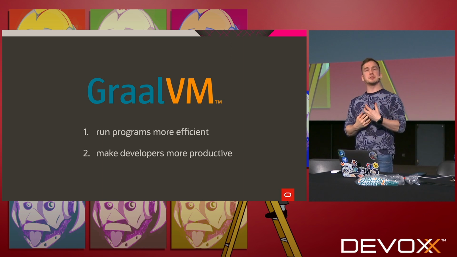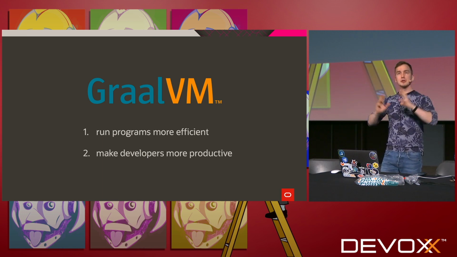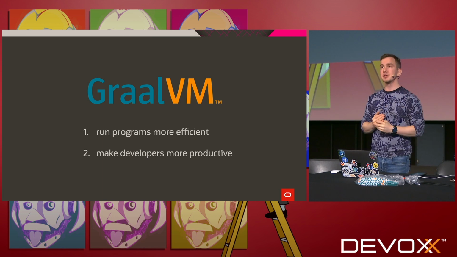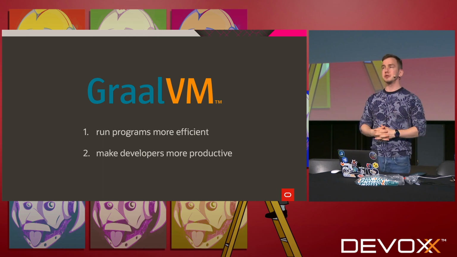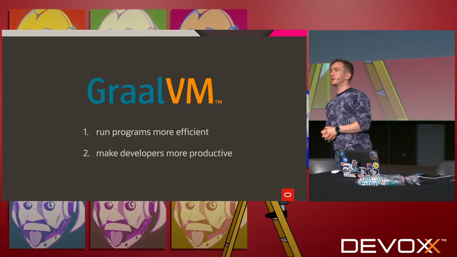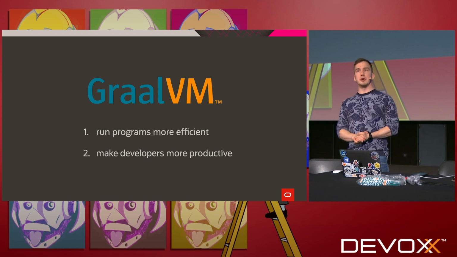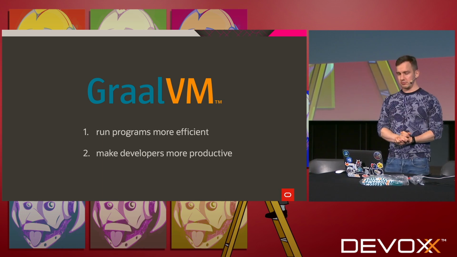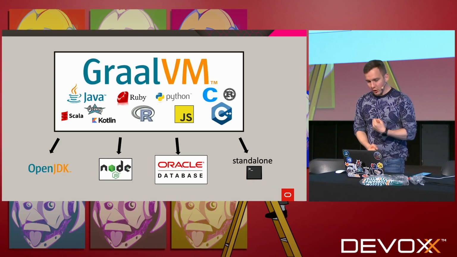And to make developers more productive by being a unified, single runtime environment that can handle different languages, that has the same operational knowledge necessary for different languages, that is flexible, lightweight, and satisfies a number of requirements that developers want from a runtime. So what can GraalVM do currently?